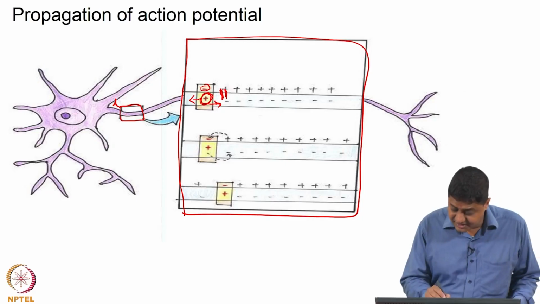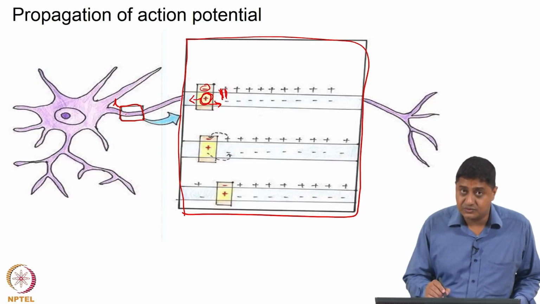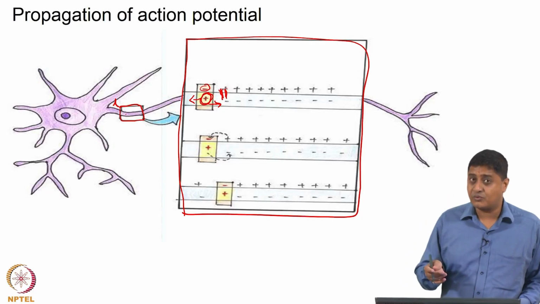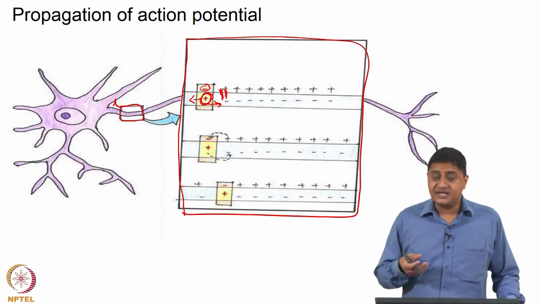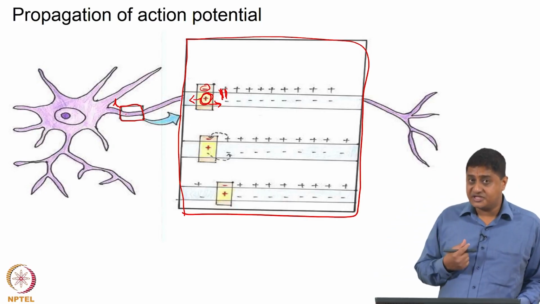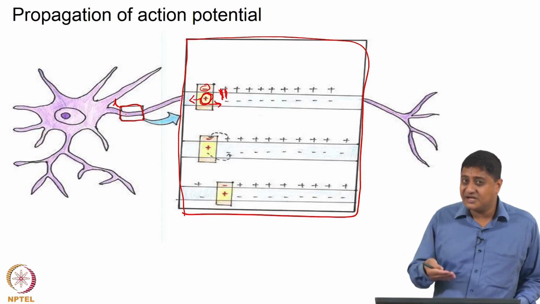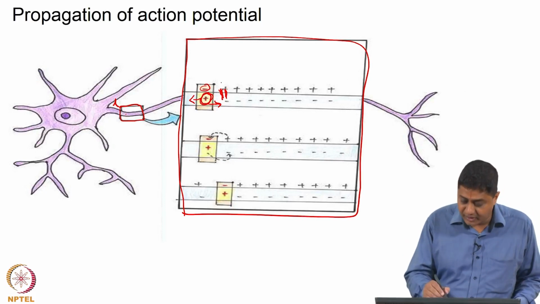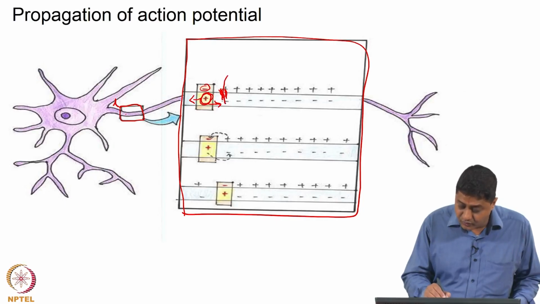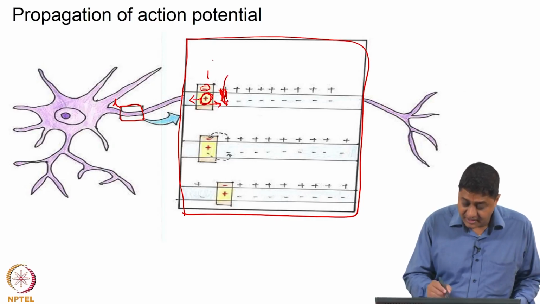So, this voltage gated sodium channel goes to threshold, and once it crosses threshold, what happens? Basically the activation gate of this voltage gated sodium channel opens, and the inactivation gate is trying to close. In the meanwhile, a lot of sodium will enter through this gate, not through this gate.